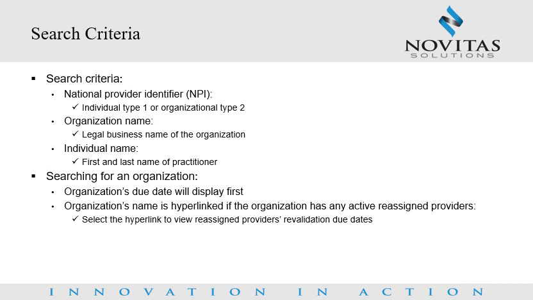When searching for an organization, you can also view all current reassigned providers' revalidation due dates. If there are any reassignments under the organization, the legal business name will appear as a hyperlink. Simply select the hyperlink to view the reassigned providers.